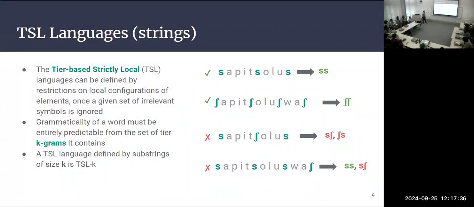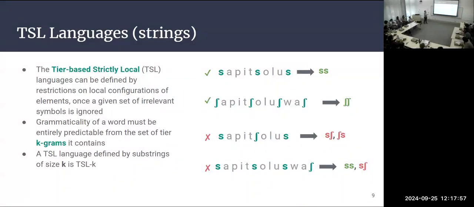So here we can see that to compute this process, what we need to do is essentially ignore all of these letters that aren't sibilants, this S sound and the SH sound. And then we're left with just those sibilant sounds, and we can see who's next to each other.